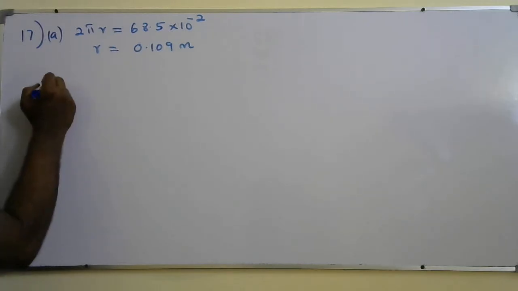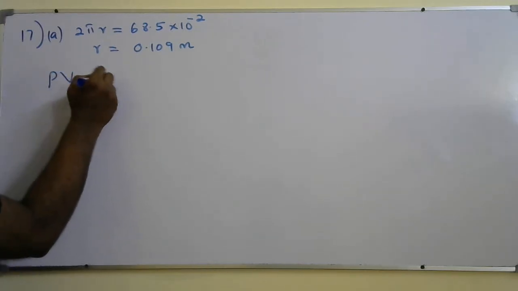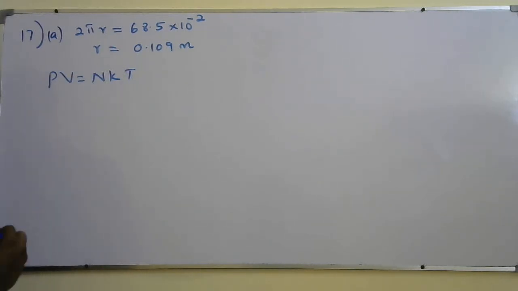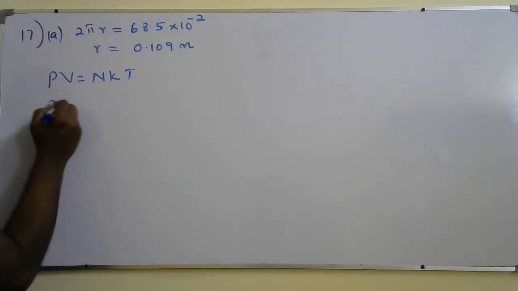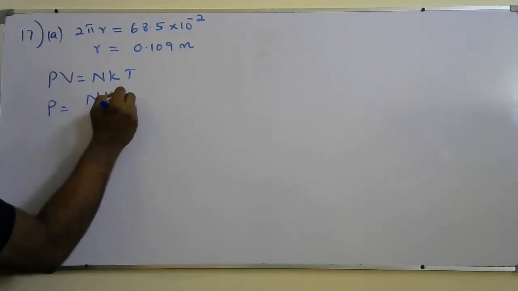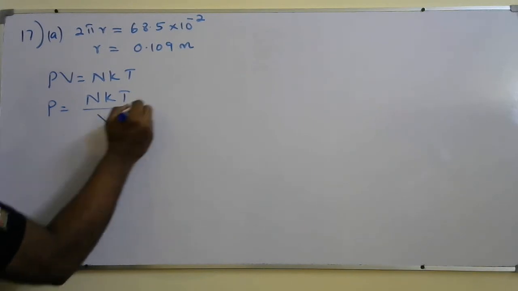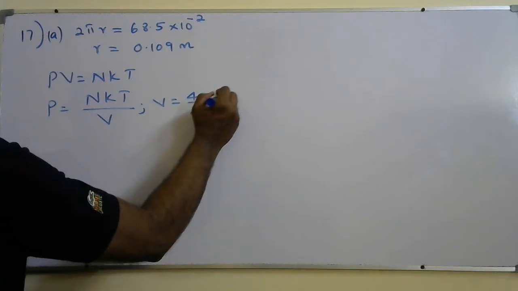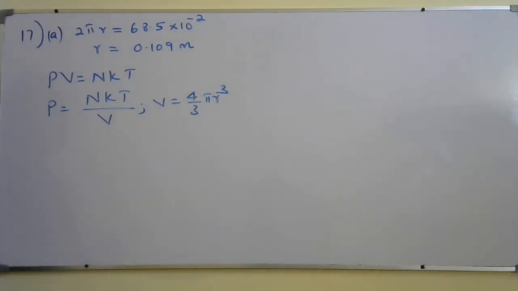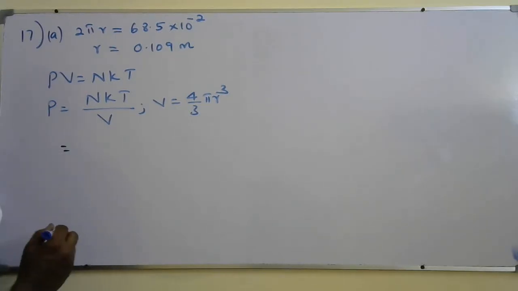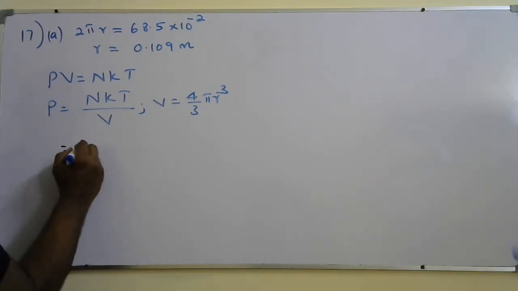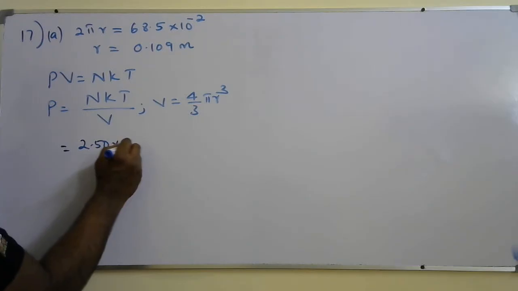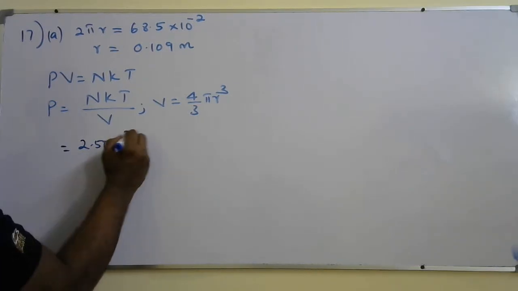Then the volume will be 4 by 3 pi r cubed. We'll use the equation PV equals NkT, so we'll find the pressure. P is going to be NkT over V, where V is 4 by 3 pi r cubed. N is given as 2.50 times 10 to the power 23.